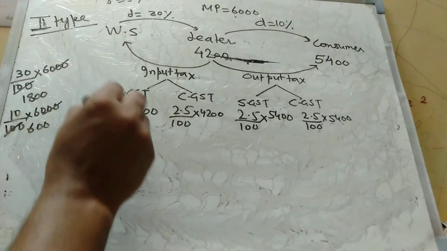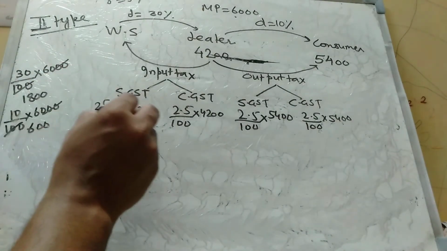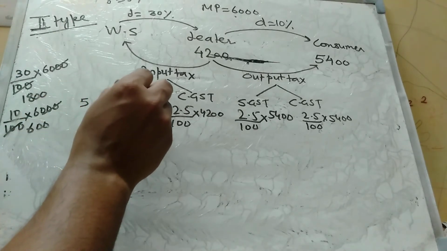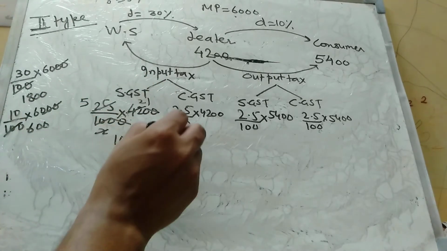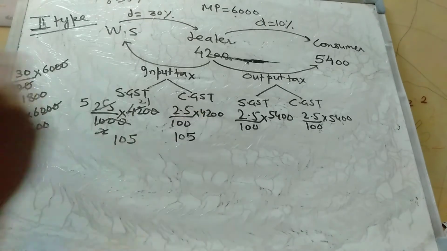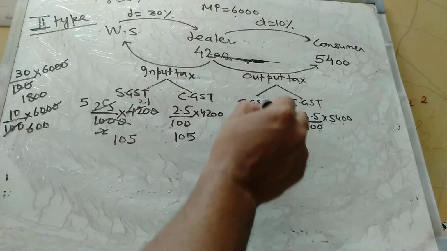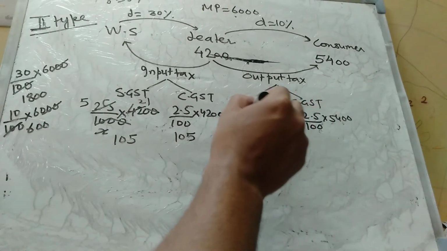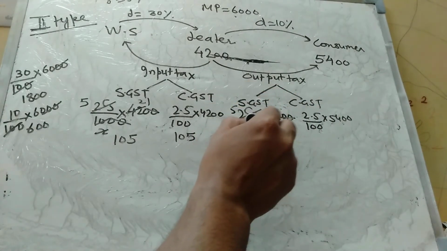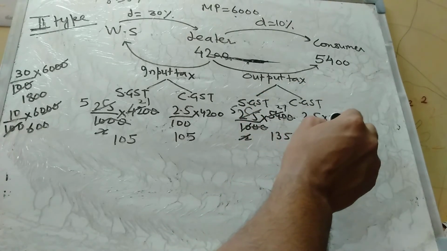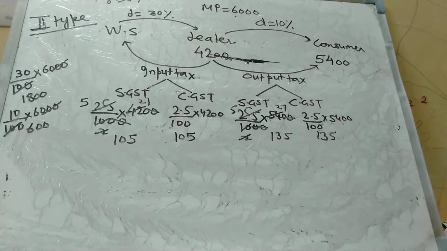So when we remove the decimal, 5 times 2 times 21 times, 105, same for CGST. Similarly, when we solve this, 5 times 2 times 27 times, 135. So 135 is for CGST as well, right?